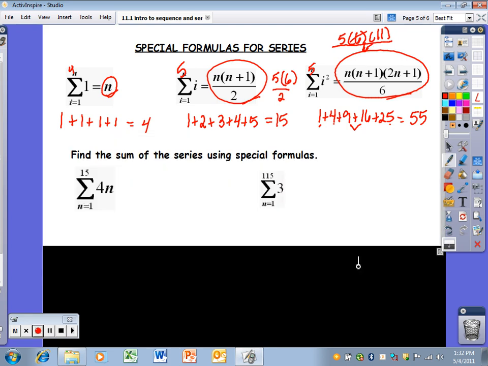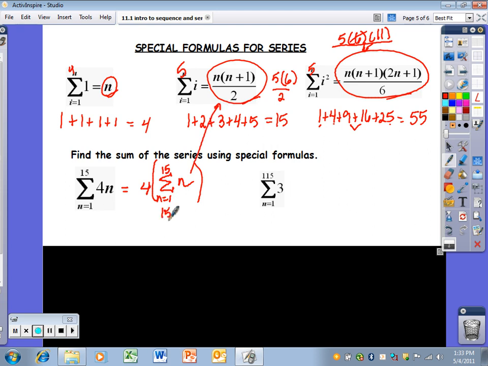Okay, so let's find the sum of these using our special formulas. I want to show you something you can do. I could say this is the same as 4 times the sum of 1 to 15 of n. So if I take 4 times all of this, it's the same as 4n, correct? Well, n, 1 to 15. So it means 1 plus 2 plus 3 plus 4 plus 5 and so on. So it's this formula right here, isn't it?